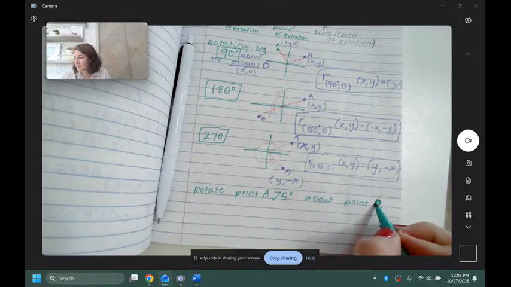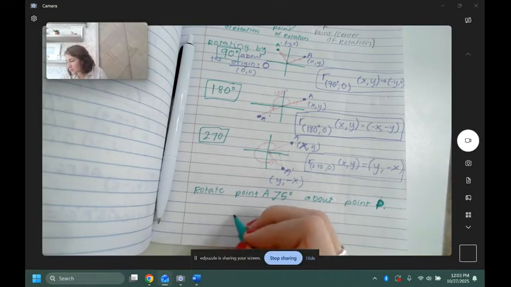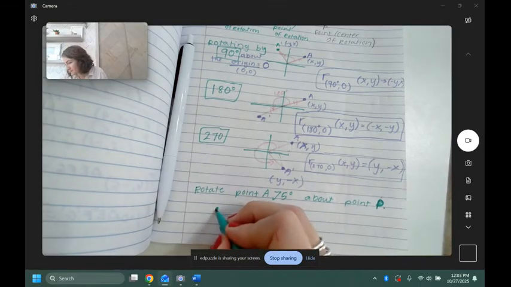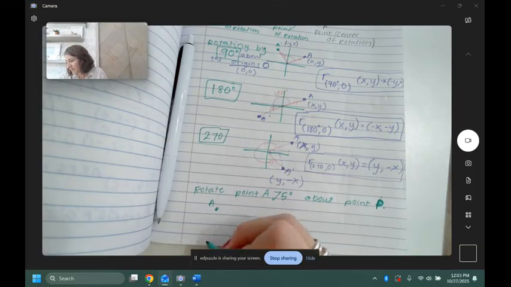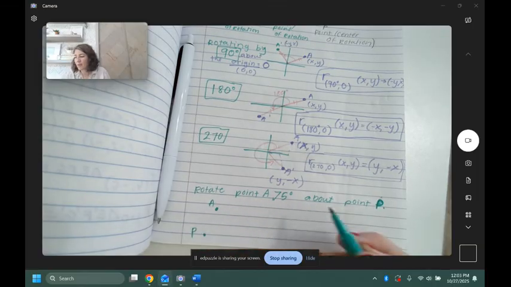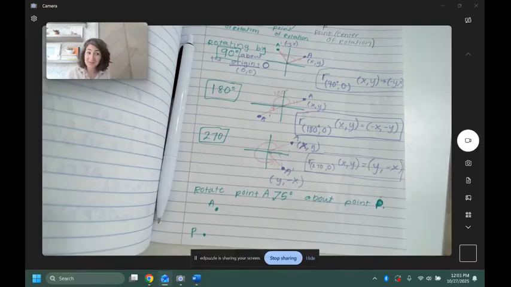Let's make it P just to keep it consistent. So let's say here's A, here's P, and I want to rotate 75 degrees. Now, that's almost 90, but not quite. In order to do this, we need an extra tool or two.